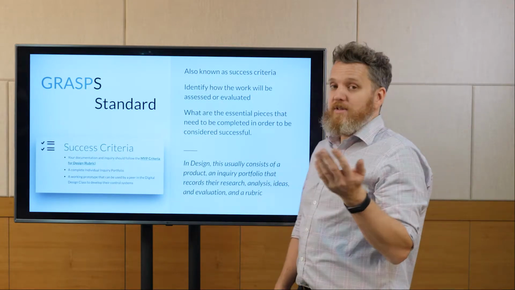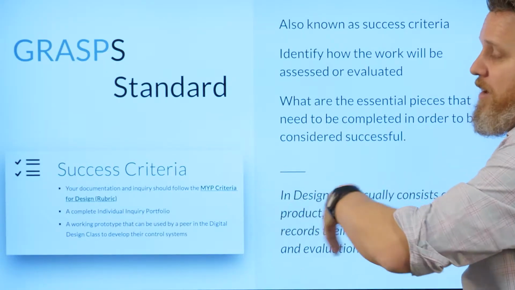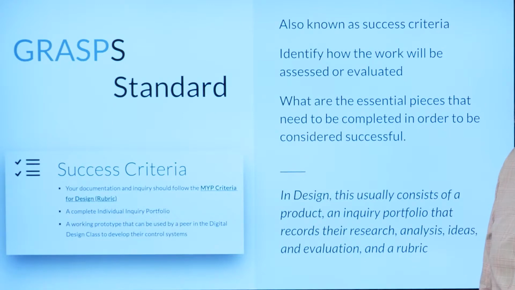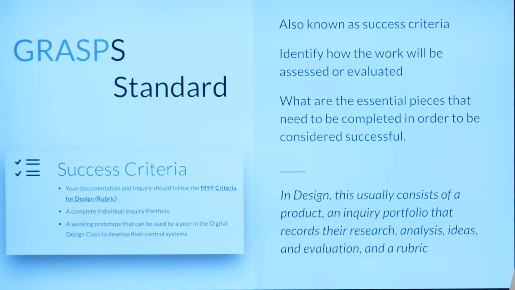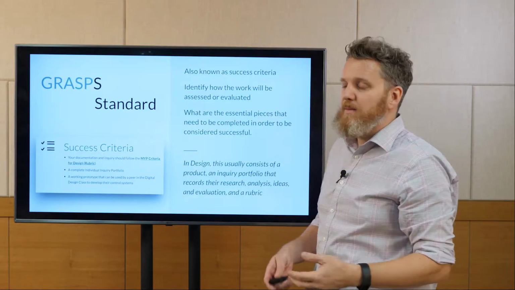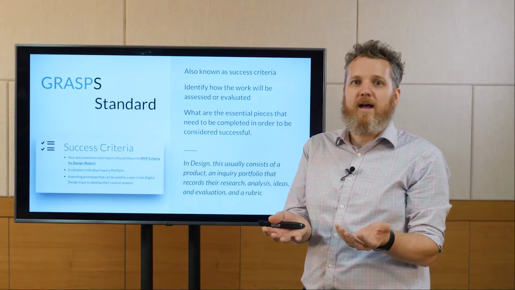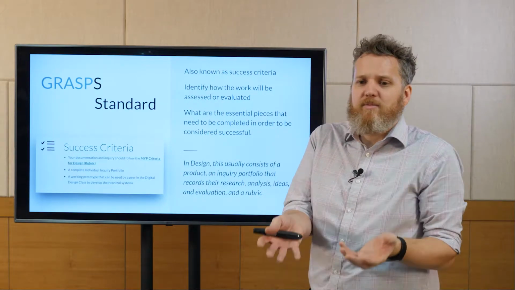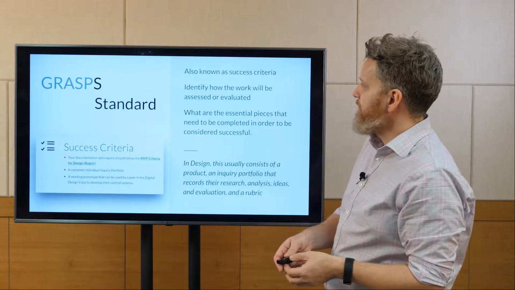So in the case of the greenhouse design project, not only did they have to have a portfolio that showed the work that they had done, but they also had to have a prototype that they've built. And so the students know right from the beginning that these are the two things that they have to be working on, and these are what will be presented for assessment and performance. Okay.